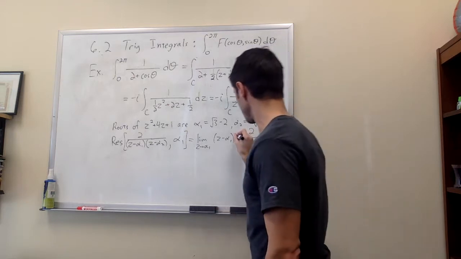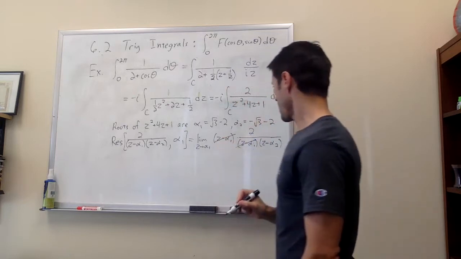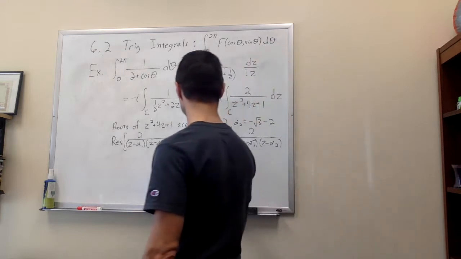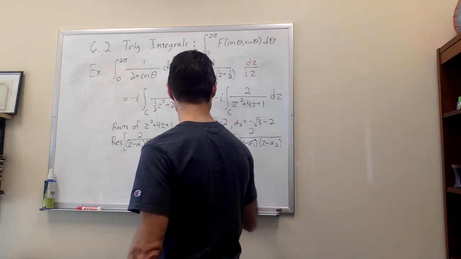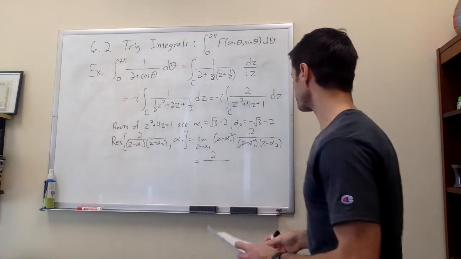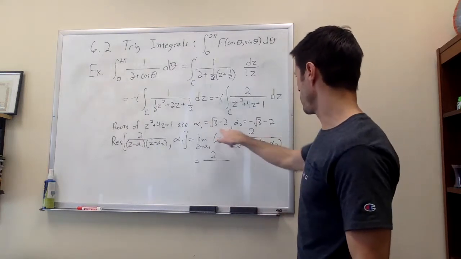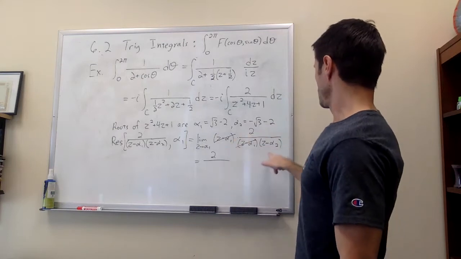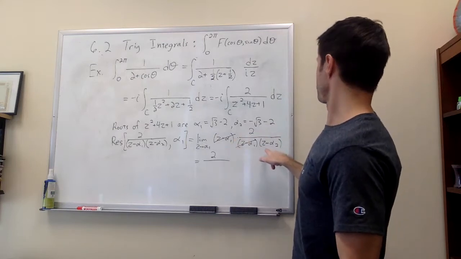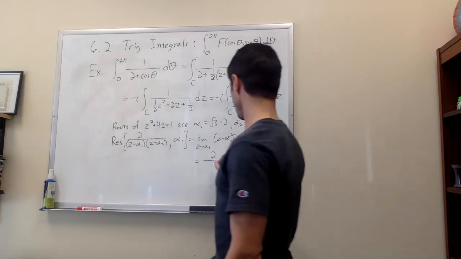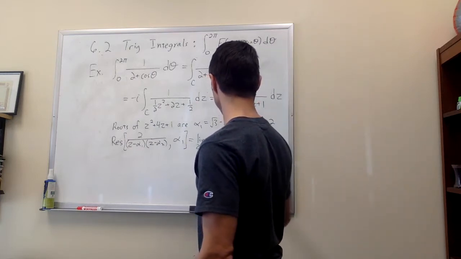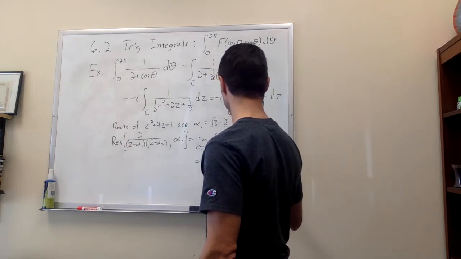Of course these factors cancel, and it's a matter of plugging in alpha 1, so it turns out to be 2 divided by the difference between alpha 1 and alpha 2, which is 2 root 3 in the denominator. The 2's cancel, and we get 1 over root 3.